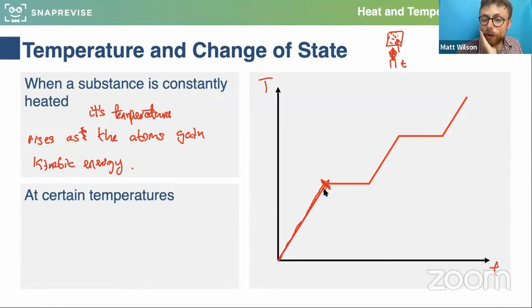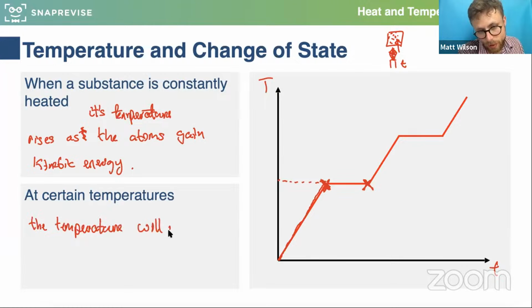We get to some point where time goes on, so we keep on adding energy, and yet the temperature doesn't increase. So at certain temperatures, the temperature will not rise for a while. Okay, so this is strange. This is something we need to explain.